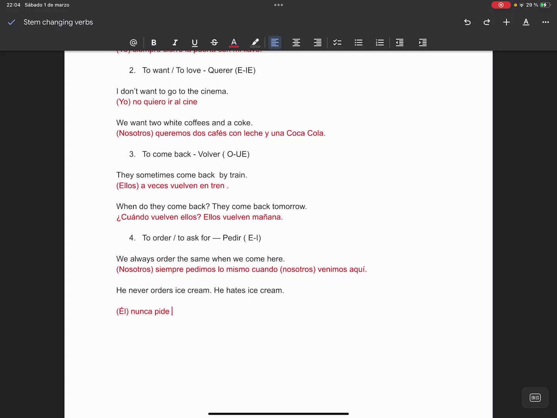How do we say ice cream? Helado. Now the verb to hate is the verb odiar. Odiar. Completely regular verb. Normal. So, él odia.